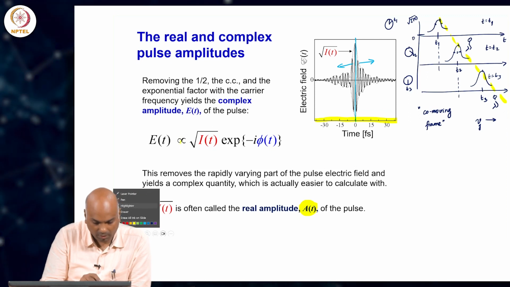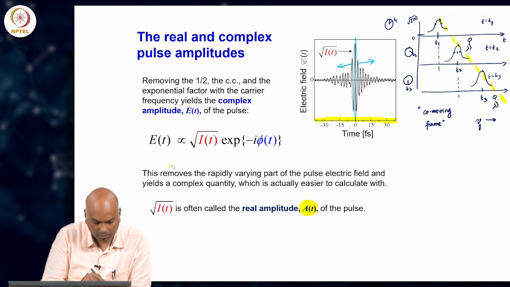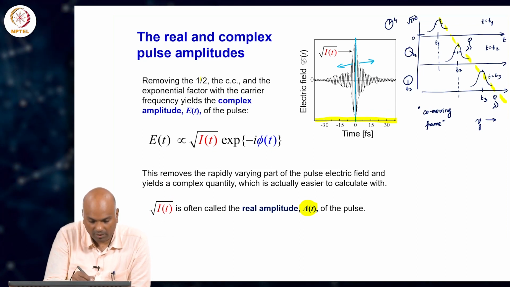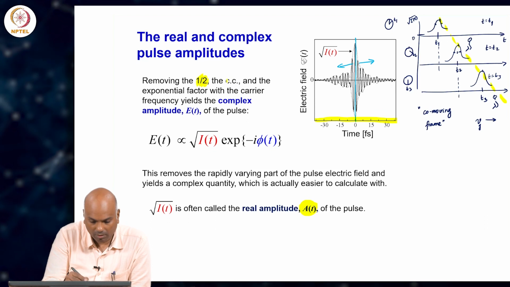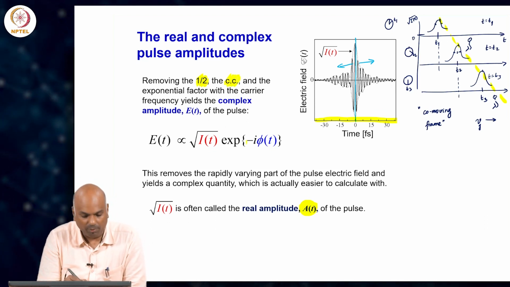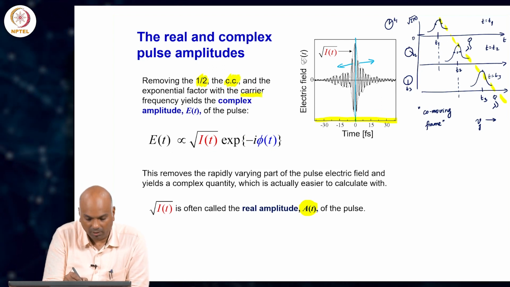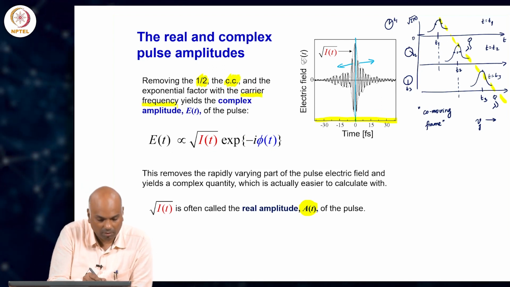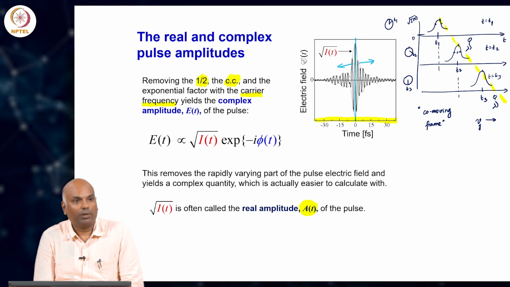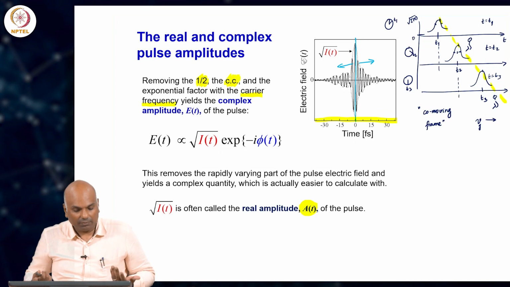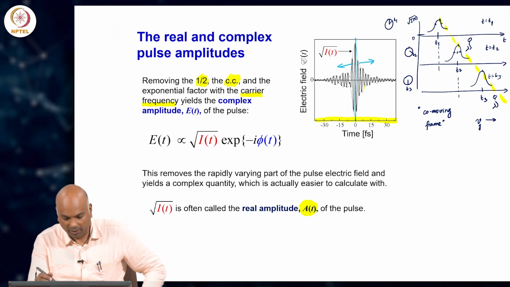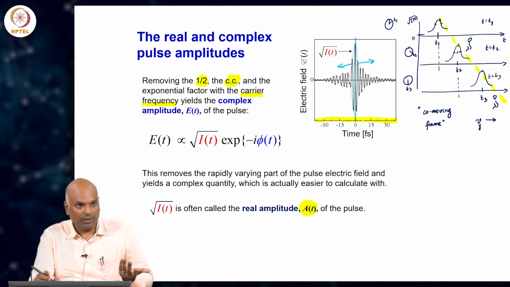One is the half and Cc, the other is the omega naught t, which is the carrier frequency. In which case this removes the rapidly varying part, and we have a complex quantity.